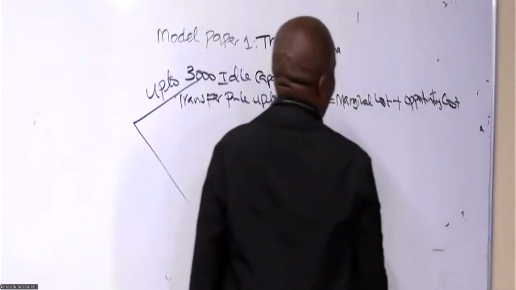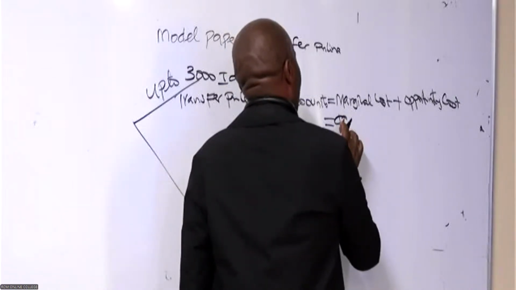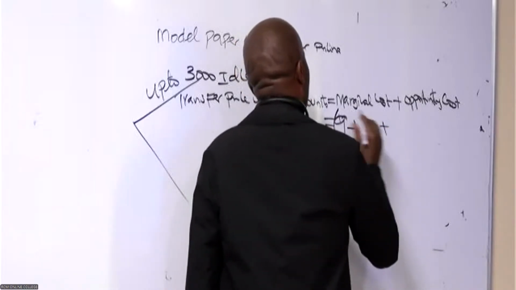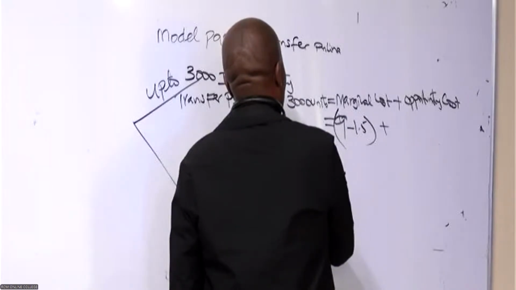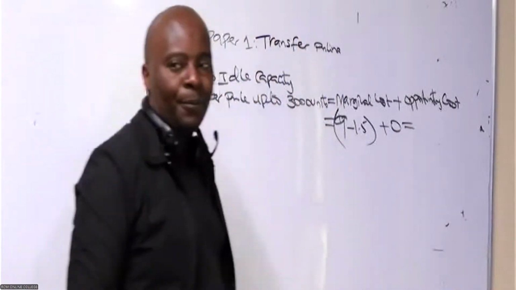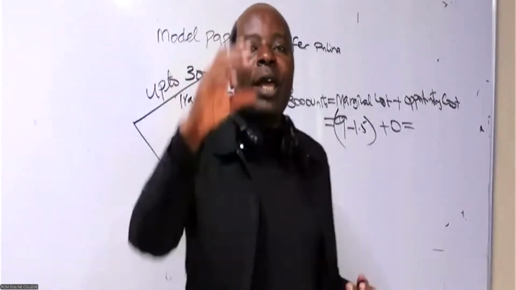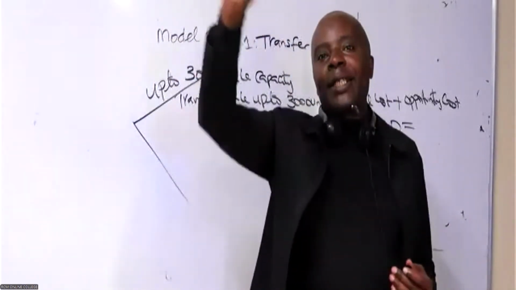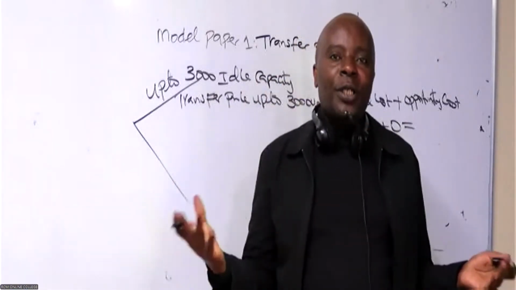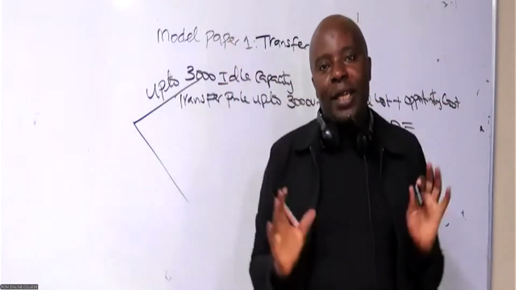The marginal cost, remember you gave me a figure of 9 minus 1.5. But if I'm going to produce up to 3,000 units when I'm idle, there won't be any opportunity cost, because opportunity cost arises whenever I'm snatching goods from external buyers to sell internally. But up to 3,000 units, we are idle. There is no external market there.